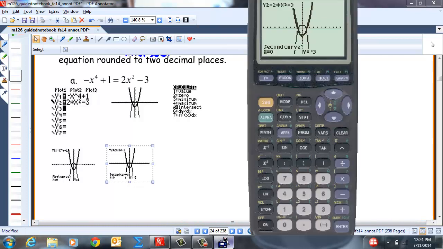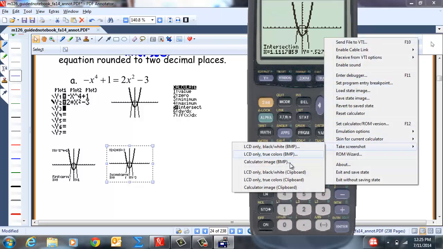And then you hit enter twice. The intersection that it gave us, it's hard to see because of this bolded one, but it gave us the one where x is positive.